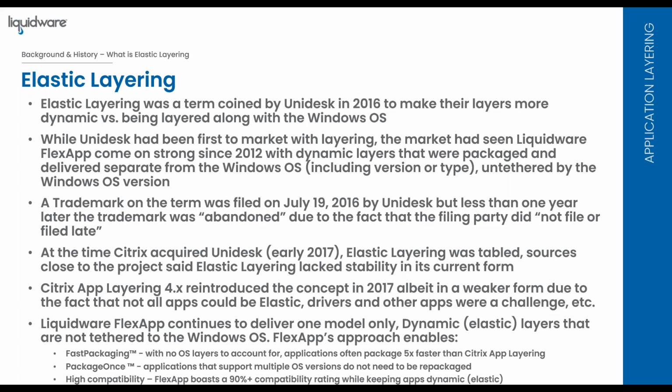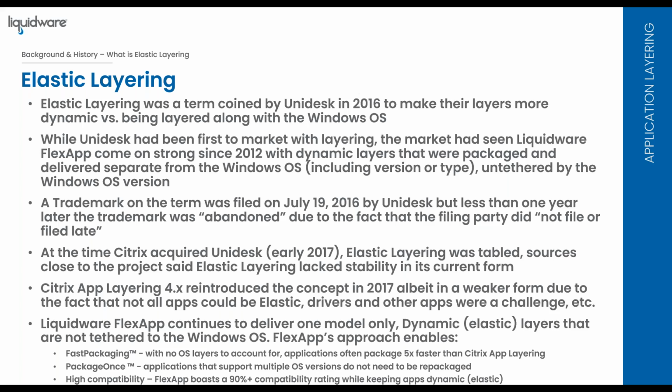And while they had been the first to market with layering, as most of the community knows it, the market had seen Liquidware come on strong in 2012 with a different approach, dynamic layers that were packaged and delivered separate from the Windows OS. And that included different versions of the Windows OS and different types. So it could be a server version versus a desktop version. And the goal was to always have them untethered by the Windows OS version.